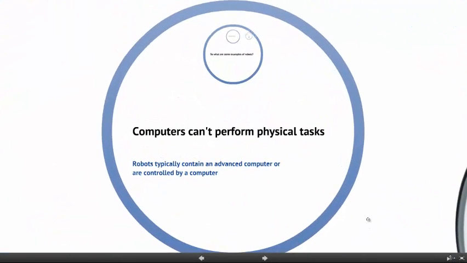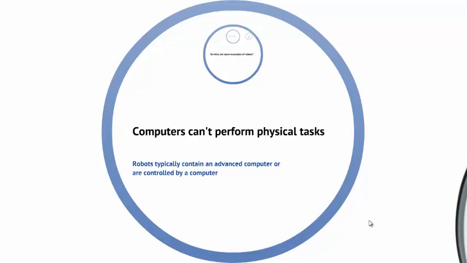What we'll see is that computers don't perform physical tasks. That's one of the main things we looked at: a robot can perform tasks that a human would want to do. Well, in this case, can a computer perform complex mathematical calculations? Absolutely. But typically when we think of robots, we think of them performing some physical tasks. That's why one of the criteria was a mechanical device, not necessarily just an electronic device.